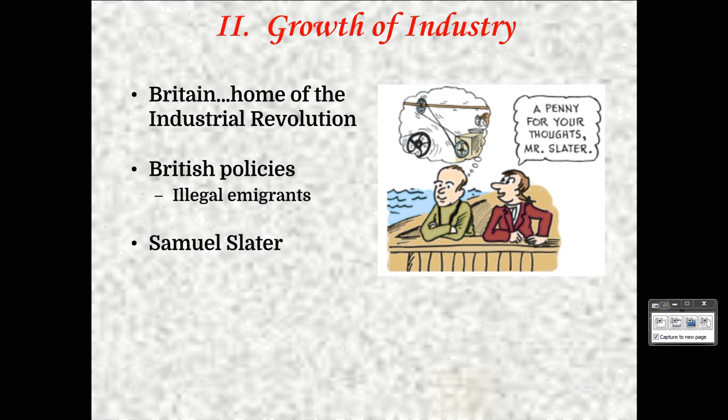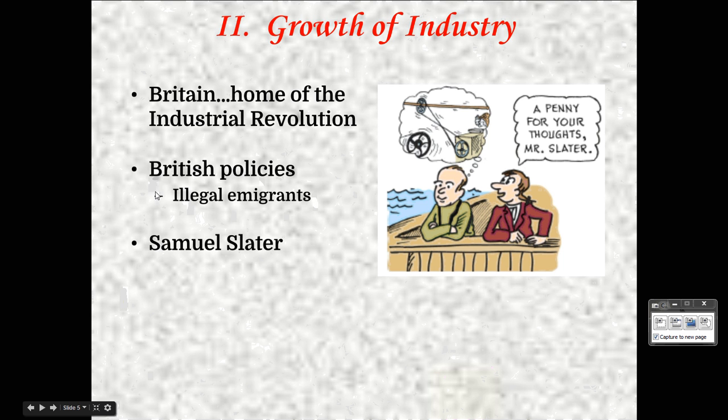The British government had specific policies designed to keep these new technologies in Great Britain. One of the biggest policies was that skilled machine operators who knew how to work these technologies were not allowed to leave the country.